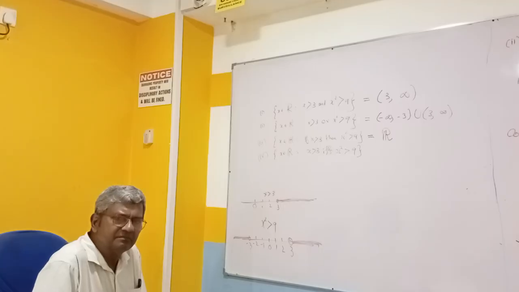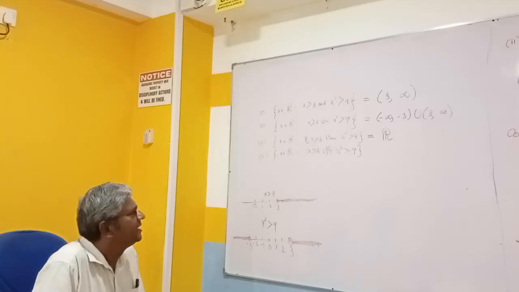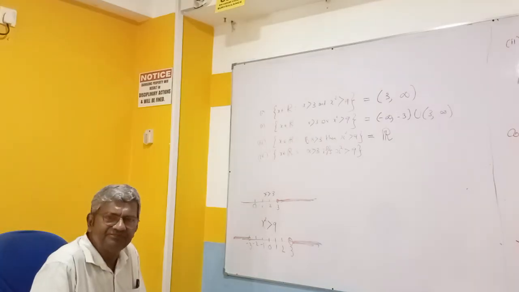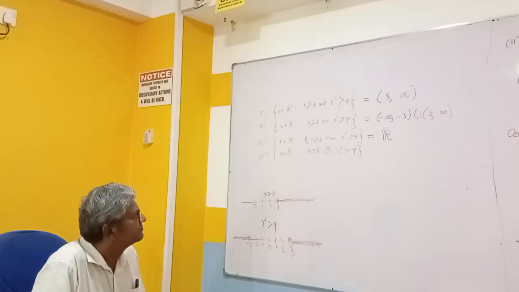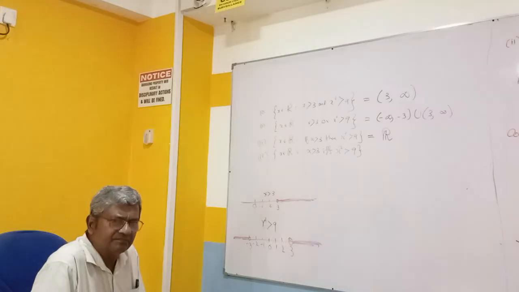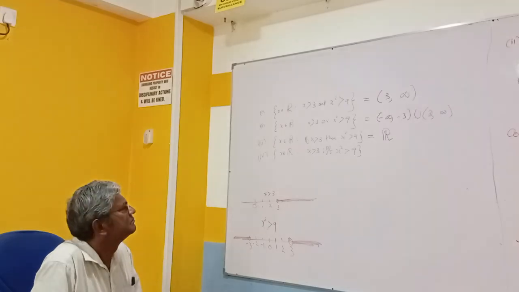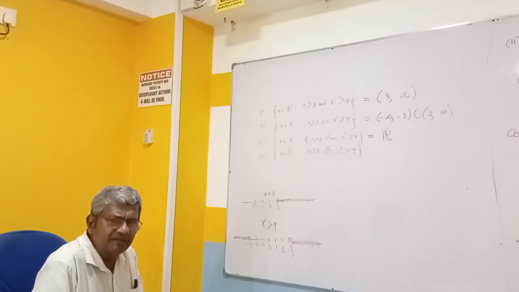There is none. Empty set. No, that's not true. Why do you say it is empty set? Because if that statement is false, then x greater than 3 and x squared is less than 9, that's not equal to 9.